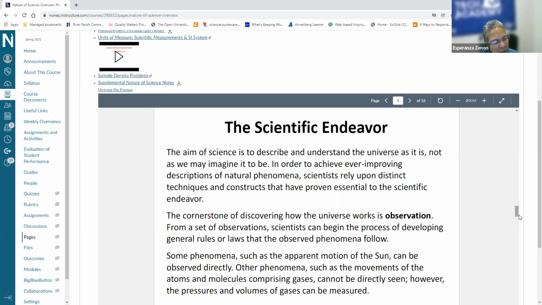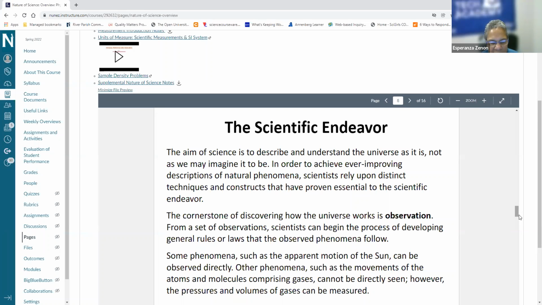We got to have more than one observation, and then scientists can begin to process that, right? And so with this whole observation, we have to understand there are some things that we can observe directly, and then there are some things that we can't observe directly, but we observe them indirectly through the interaction, right?